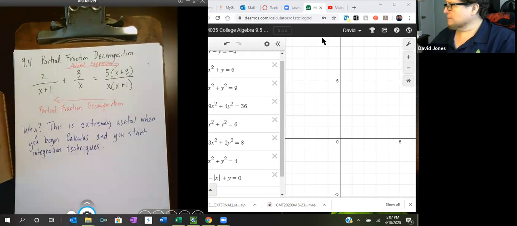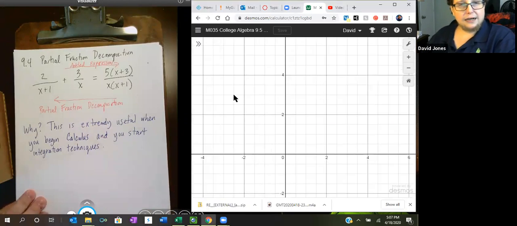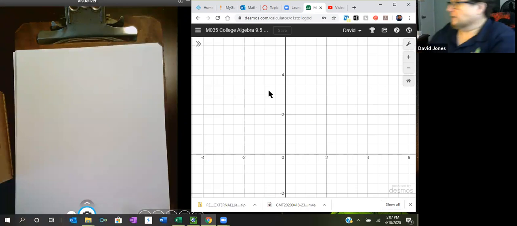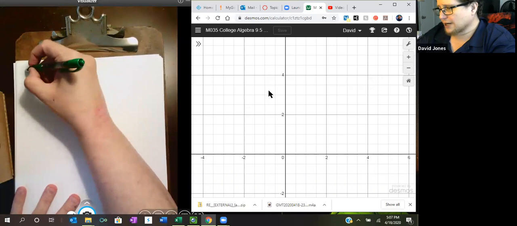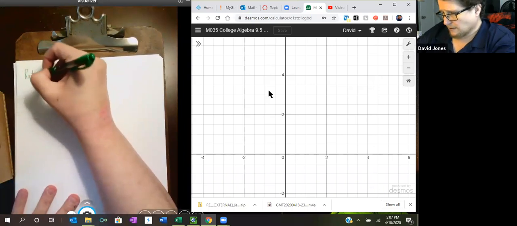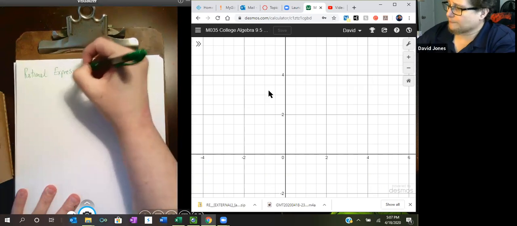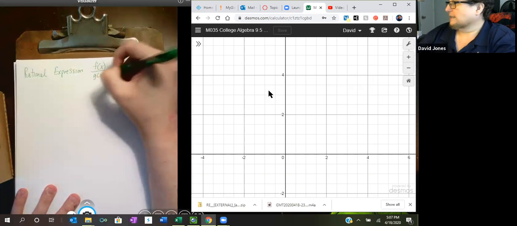So let's talk about some general rules, or the general approach, and how we're going to look at it. I don't even think we're going to be using Desmos. So we start off with a rational expression where we have some function f of x on top, and on bottom we have a function g of x.